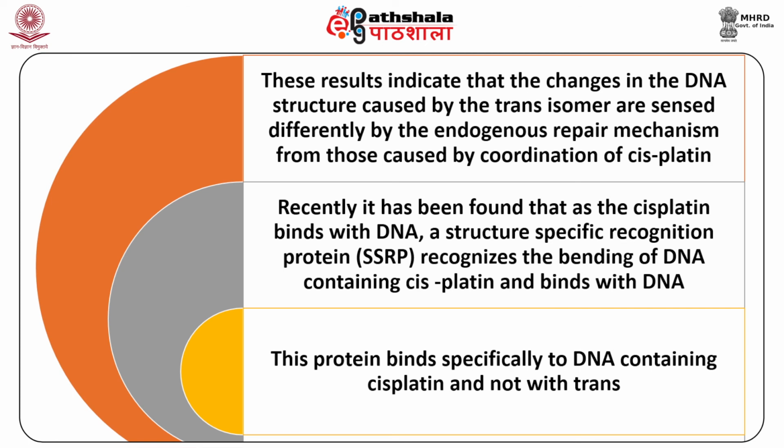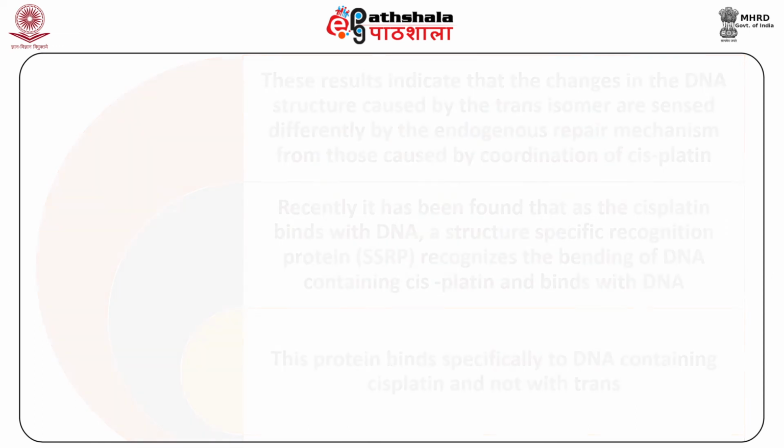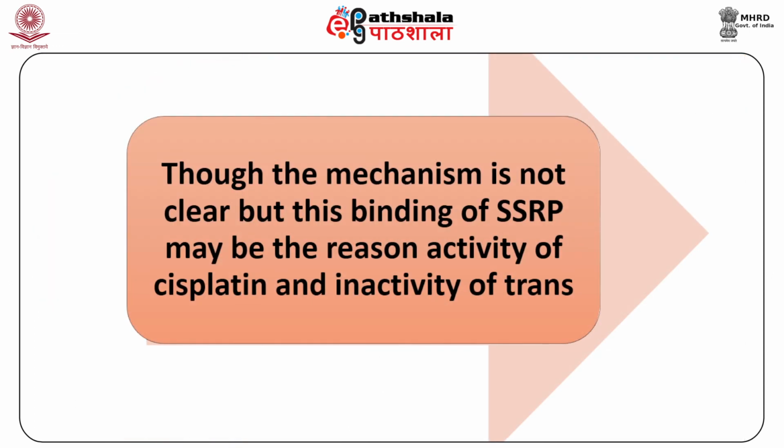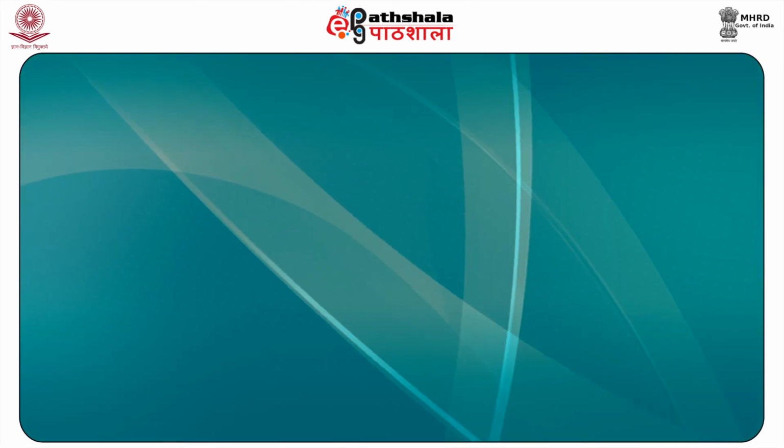This protein binds specifically to DNA containing cisplatin and not with trans. Though the mechanism is not clear, this binding of SSRP may be the reason for the activity of cisplatin and the inactivity of trans.